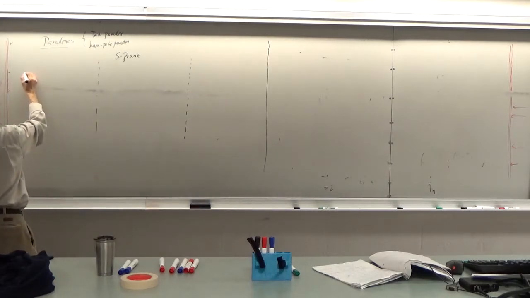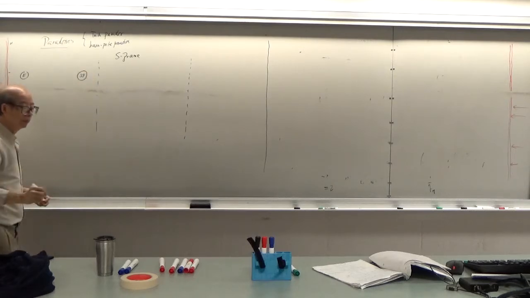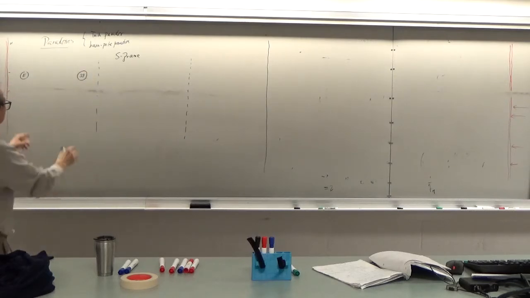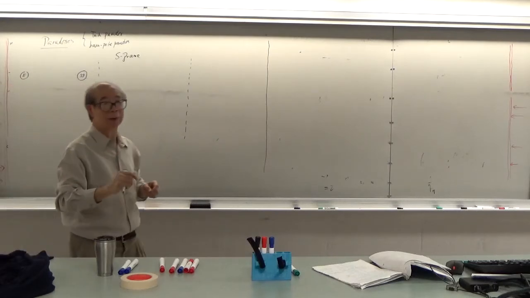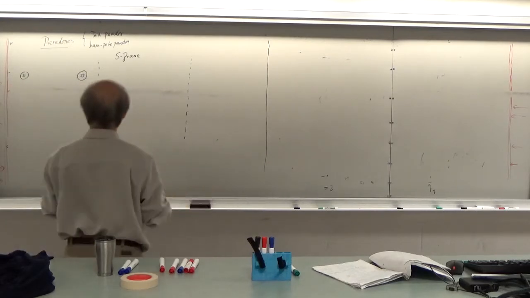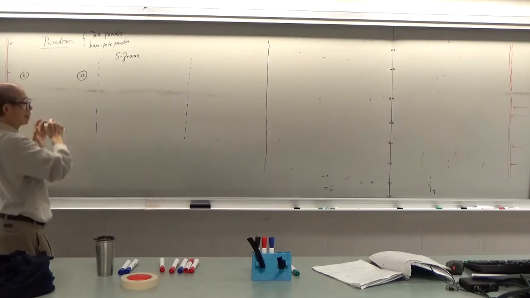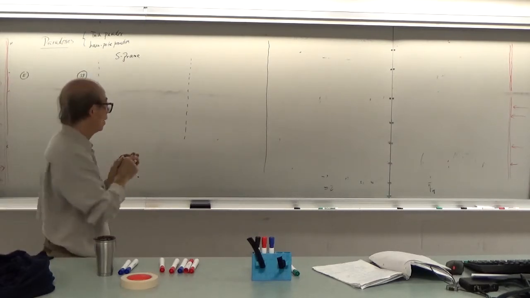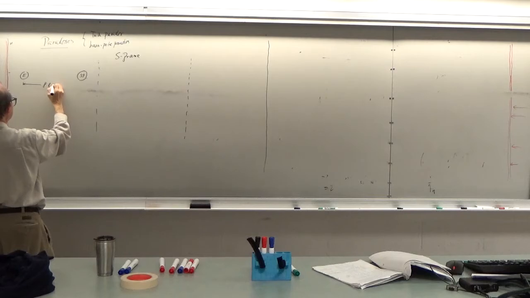So let's draw Earth, and let's say that there's a distant star, and I will assume that the Earth and the star are stationary with respect to each other. So that the S frame is the rest frame for the Earth as well as the star. And let's say that the separation between the Earth and star is 8 light years.